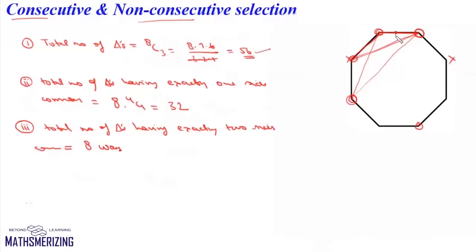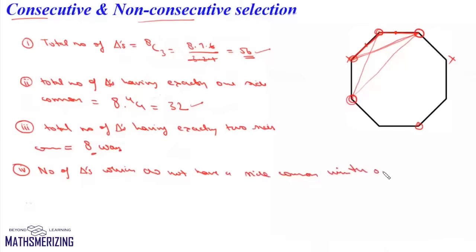Triangles having exactly one side common: 32. Triangles having exactly two sides common: 8. So finally we can find the number of triangles which do not have a side common with the octagon.